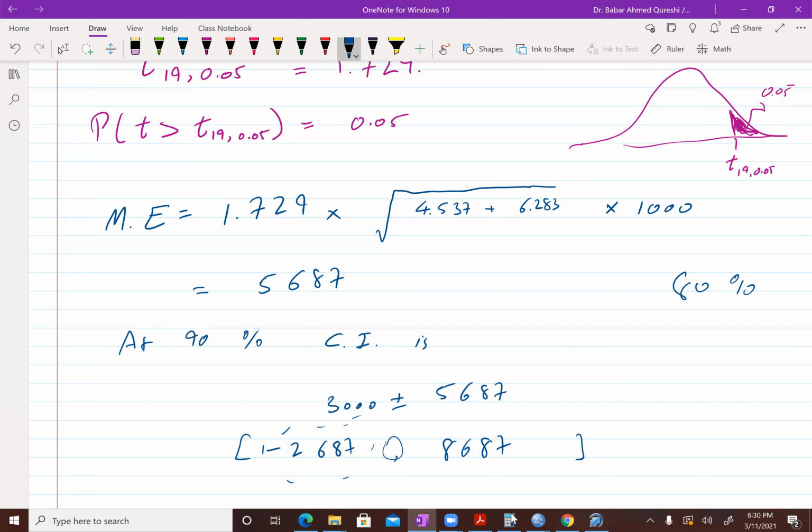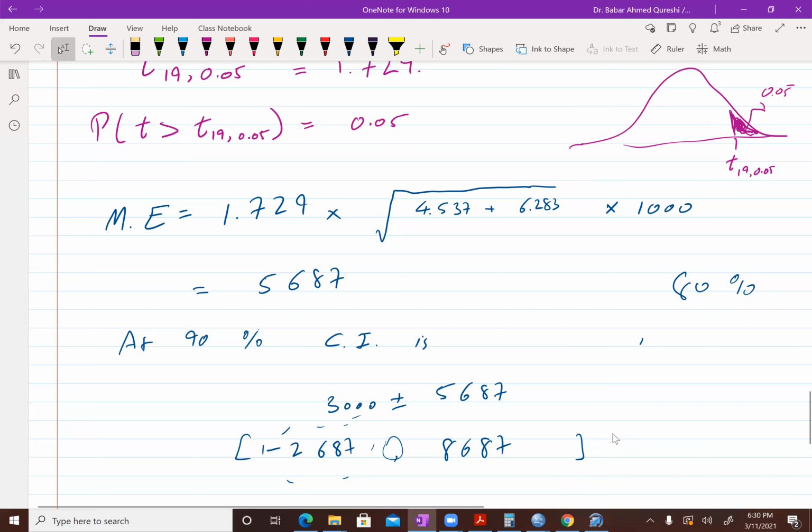Anything below that, like a 50% chance of being true, literally means nothing. That means it could be true or not. So if you reduce your confidence a little and say, I want to say something which has a chance of 80% of being true, then how would it change?